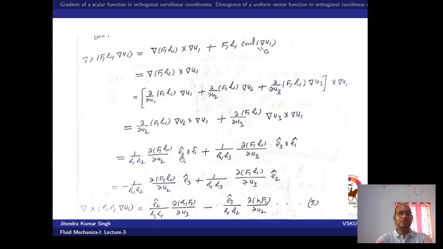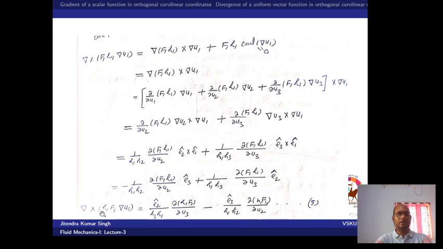Since unit vector e2 cross e1 is minus e3, here it is a negative sign. So this is minus 1 by h1 h2 dou by dou u2 of f1 h1 unit vector e3. And e3 cross e1 is e2, so I used here 1 by h1 h3 dou by dou u3 of f1 h1 e2.